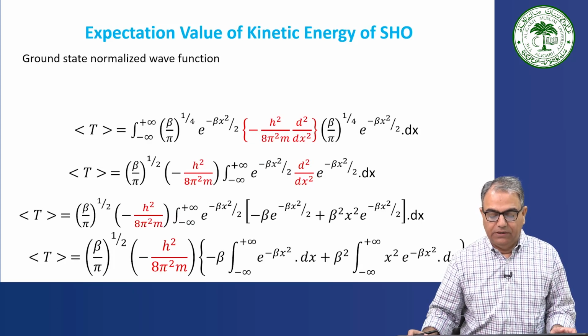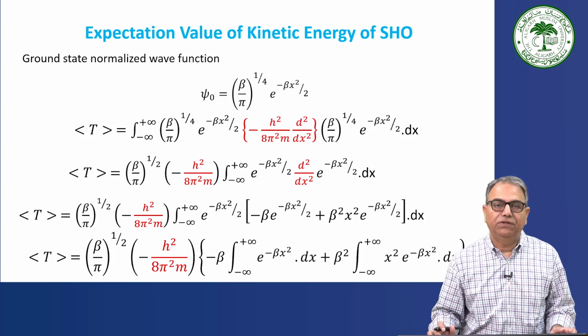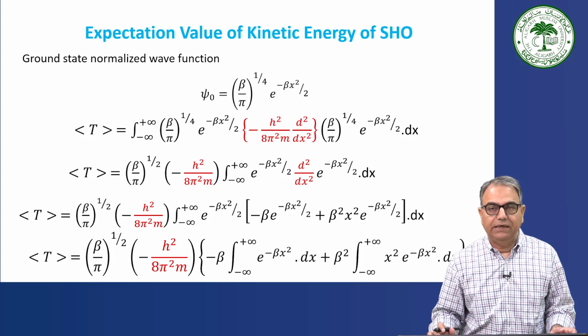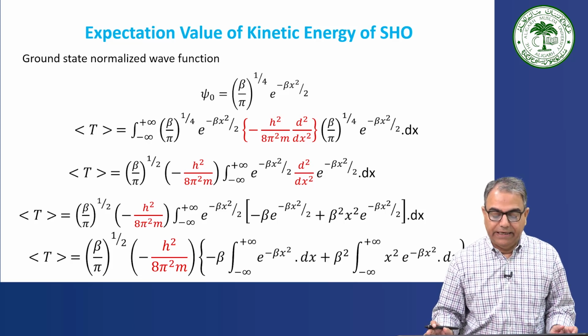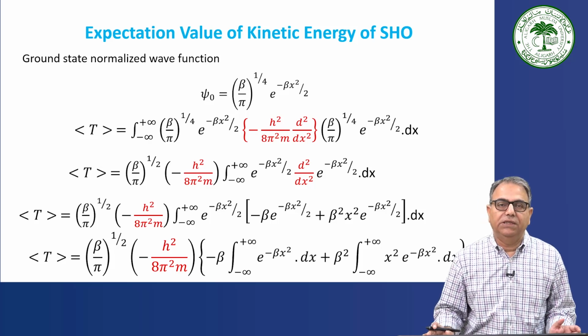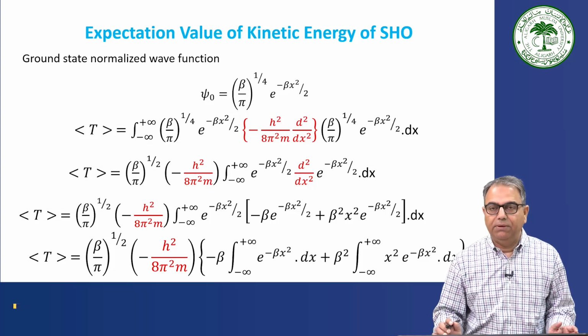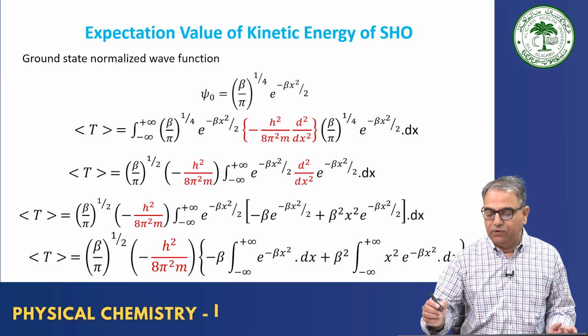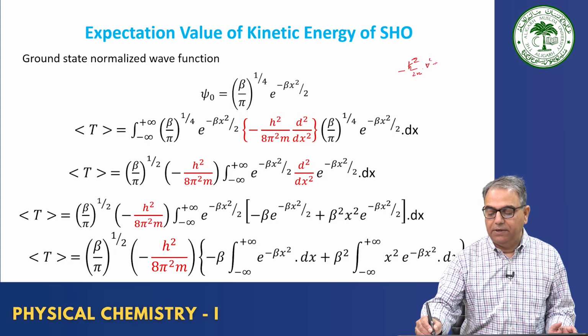Okay, so now try to find out the kinetic energy of the simple harmonic oscillator. And the kinetic energy relationship, you know, from the Hamiltonian, again it is the same thing, the same expectation value relationship we are using, the operators we are changing. Okay, and if you remember, the Schrodinger wave equation was minus h cross square divided by 2m del square plus V, psi equal to E psi, where this is your potential energy V and this is your kinetic energy.